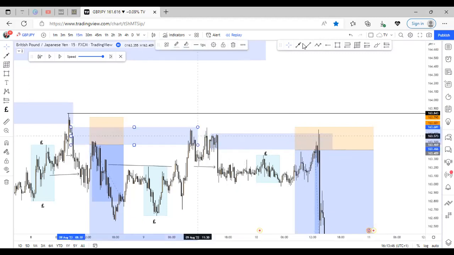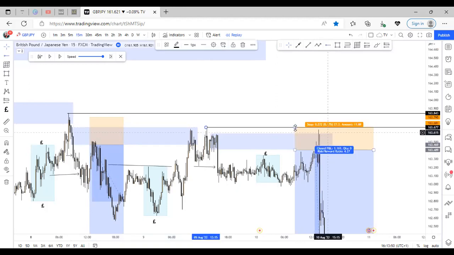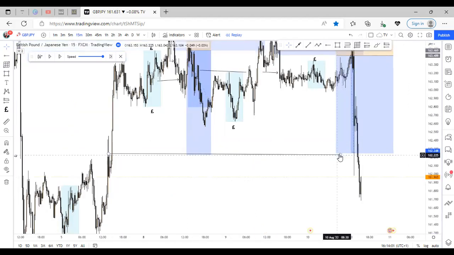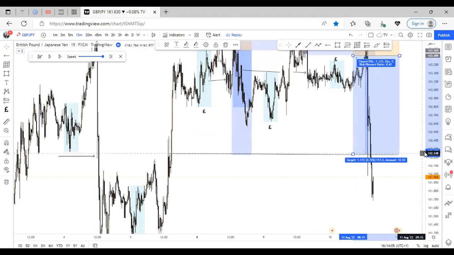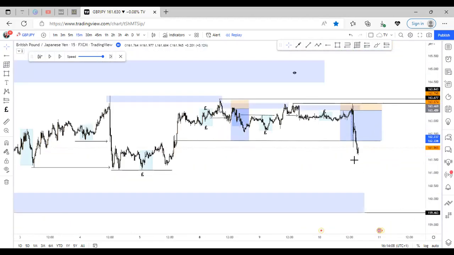I always mention this every time. You can see this stop loss that we have here ended up protecting this trade. If we had put the stop loss right here, we would have been stopped out, and as you can see, take profit is smashed right here. So this is for another day.